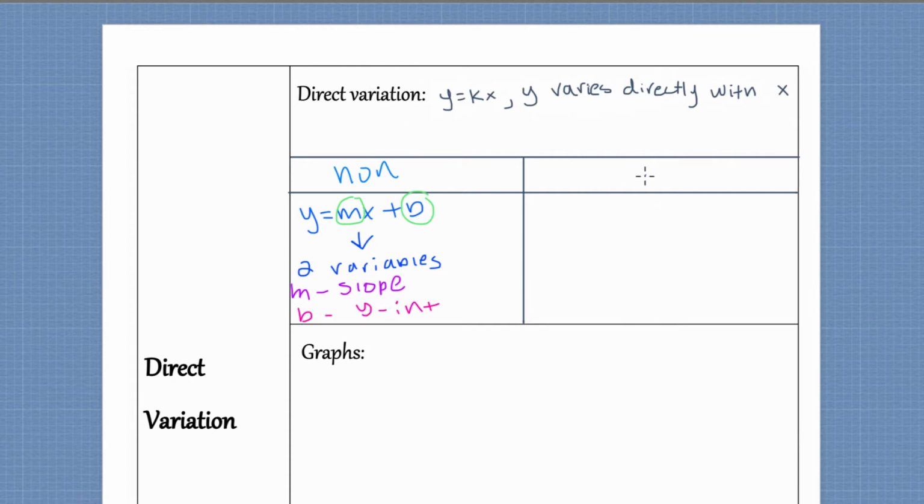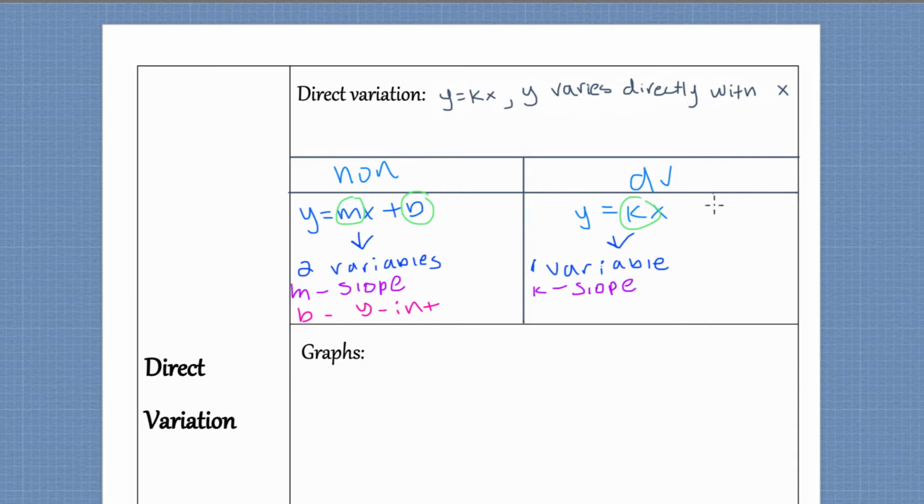So an example of direct variation, or dv again, would be like y is equal to kx. Because over here, this has one variable other than x and y. So the one variable it has is k right here. And over here, k represents the slope instead of m representing the slope like it was in the previous one.